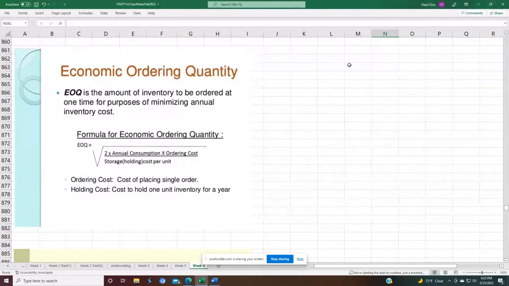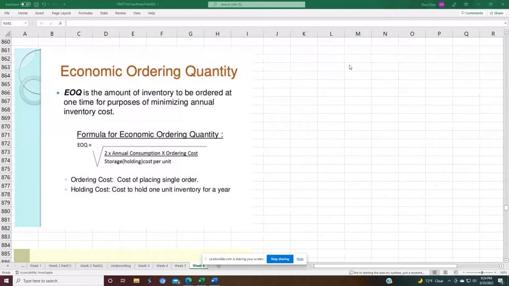So it's going to say for this inventory item, every time you place an order, you can order any amount, but the economic order quantity says, every time you place an order for this particular item, you should order 20,000 to minimize the associated inventory costs.